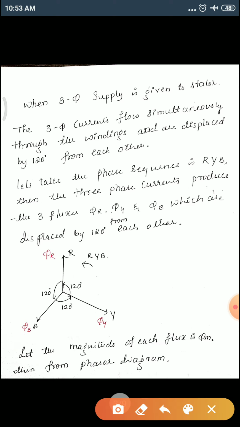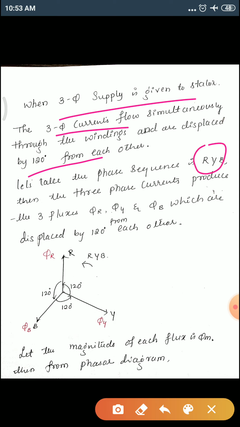When a three-phase supply is given to the stator, three-phase current starts flowing simultaneously through the windings, and the windings are separated by 120 degrees each. Let's take the RYB sequence.